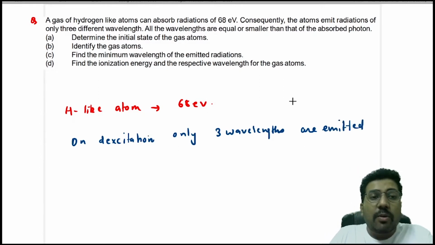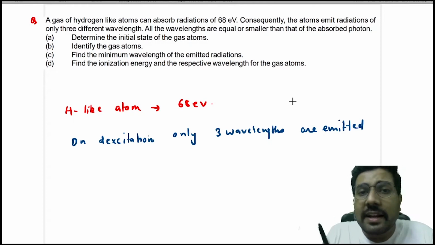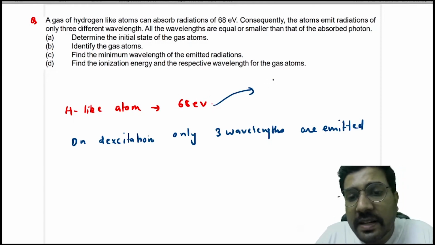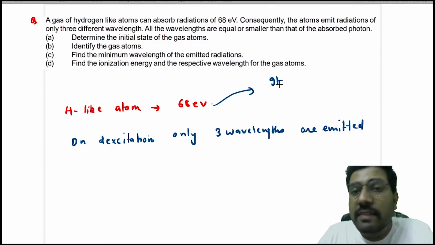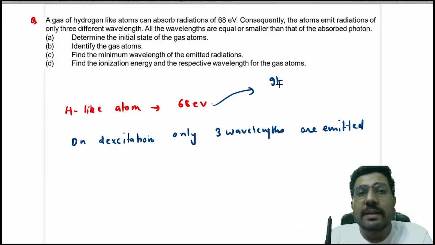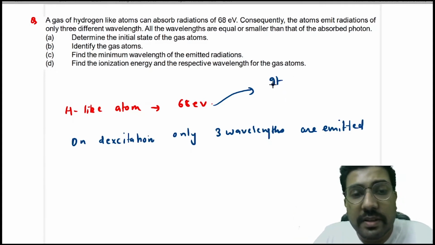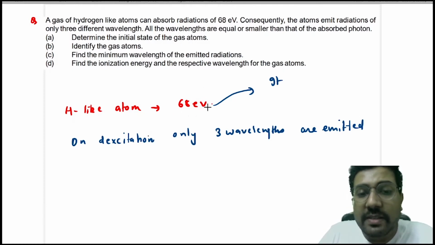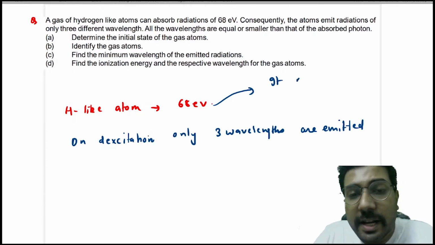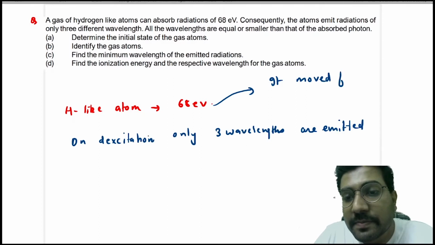Now, when the hydrogen-like atom has absorbed 68 electron volt energy, let us assume that it moved from N1 to N2. They have not given you the initial state, so I'll assume that it was initially at N1 and finally at N2. So due to this absorption of 68 electron volt, it moved from N1 to N2.